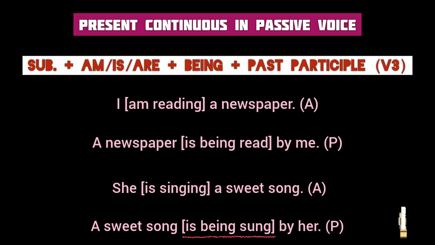The verb is being sung is in the passive voice, because the subject of the sentence, a sweet song, is not the performer of an action, but the receiver of the action of singing. And not to miss the passive voice structure of the verb here, is plus being and the past participle or the third form of the verb sing. So the active verb am reading becomes is being read and is singing becomes is being sung in the passive voice. In this way, the present continuous tense is used in the passive voice.